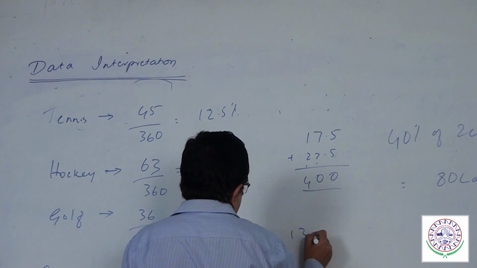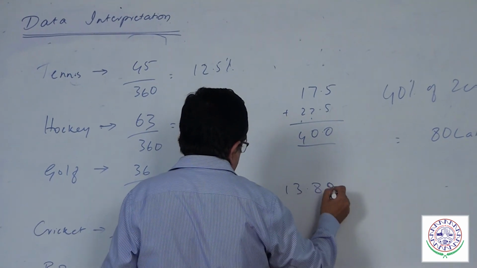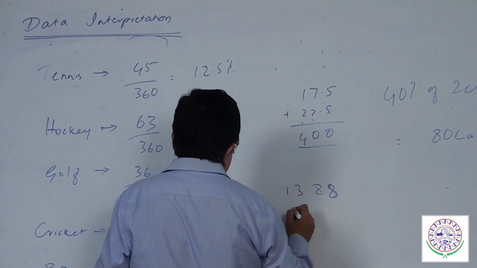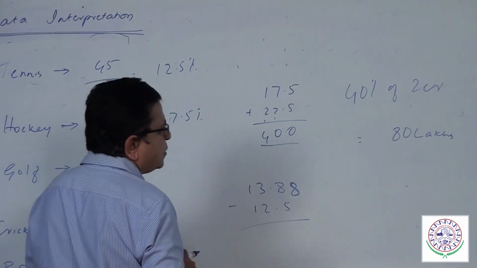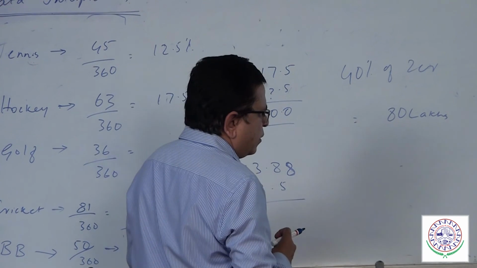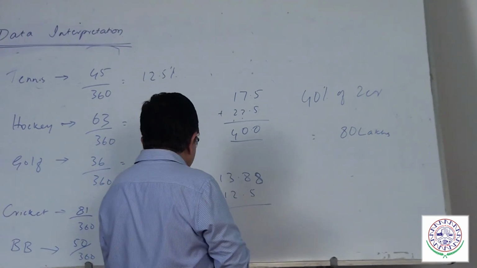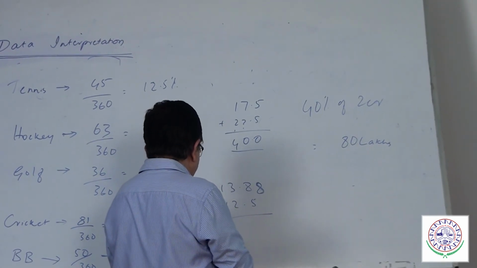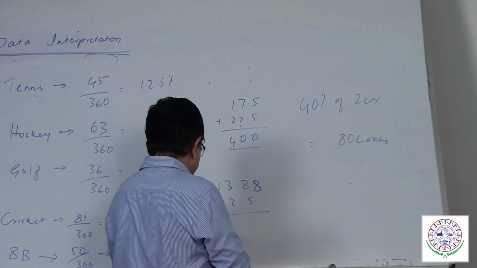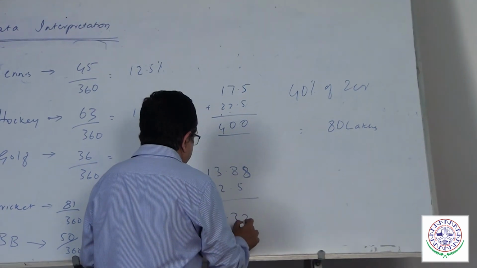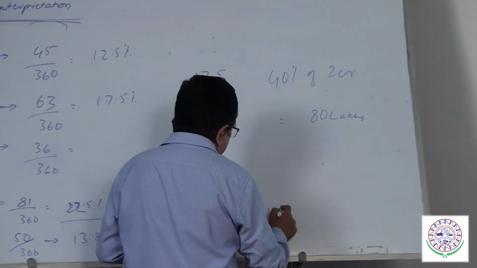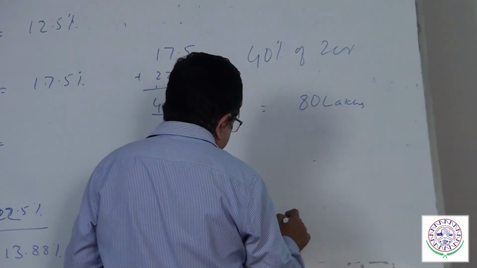Difference, 13.88 minus 12.5%, that is the difference being asked. So 13.88 minus 12.5, that makes it 1.38% of 1 crore 80 lakhs.